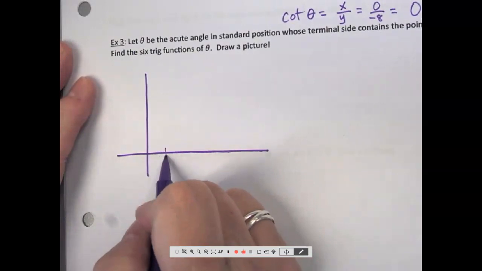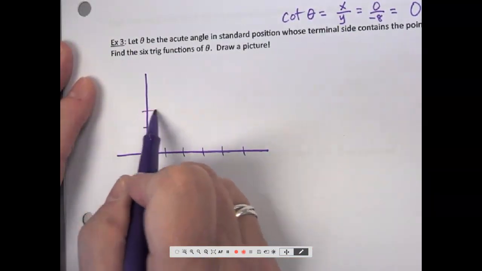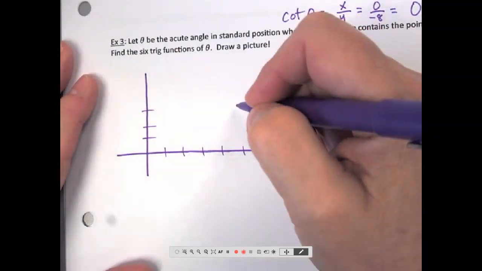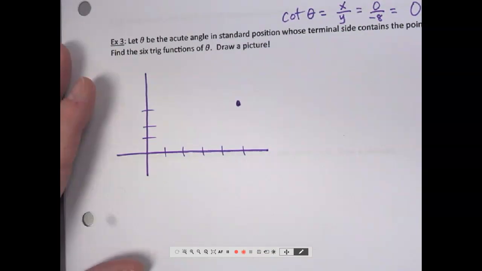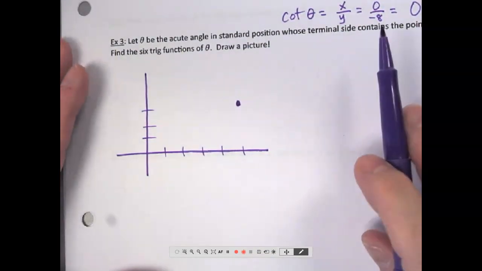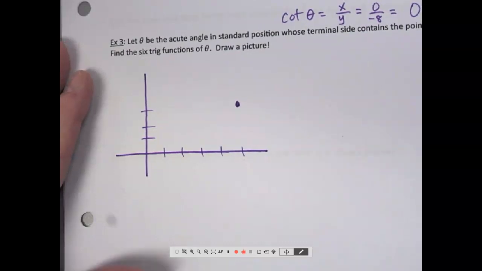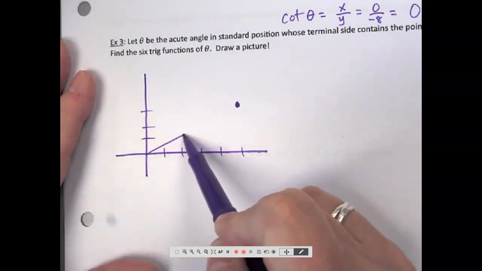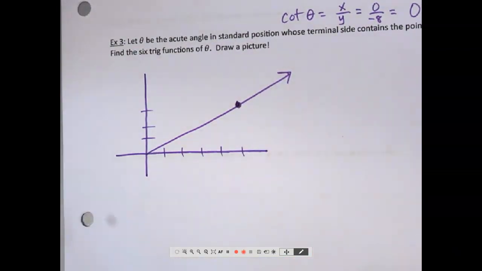I'm going to go over 1, 2, 3, 4, 5, and up 1, 2, 3, and my point is here. It says the terminal side contains that point. That means that I rotated some amount and the ray stopped so that it went through that point.